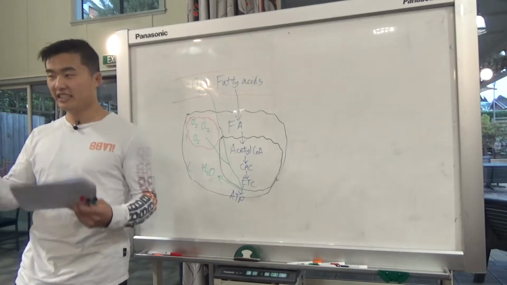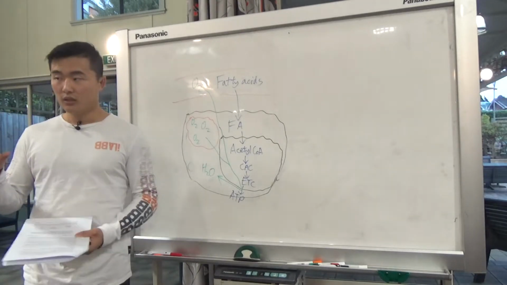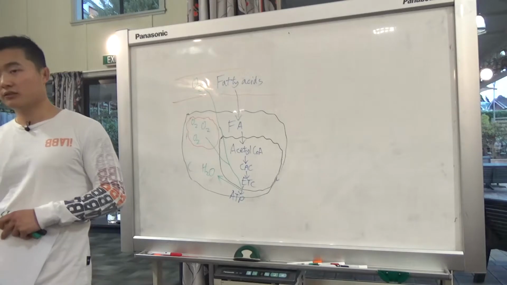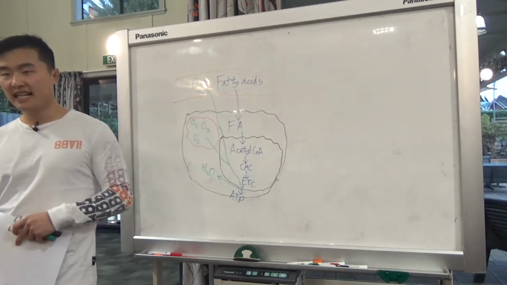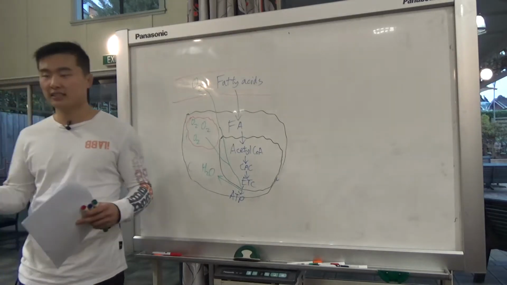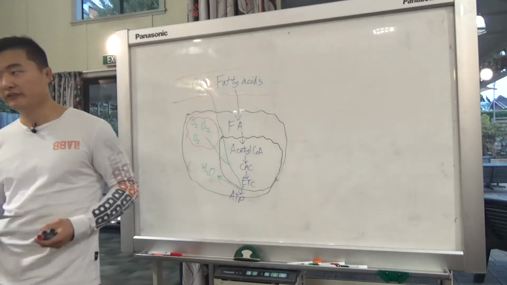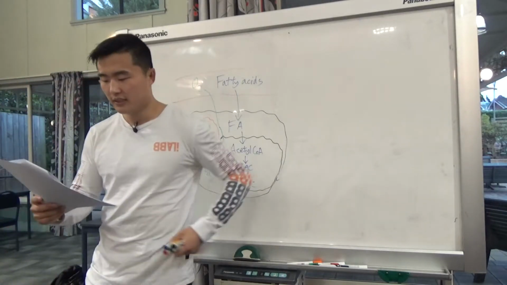So they'll change shape, because remember, a lot of these proteins require them to be in the right charge for the right interactions. So if you distort that charge, you're going to change the shape of that protein and it's not going to function properly.